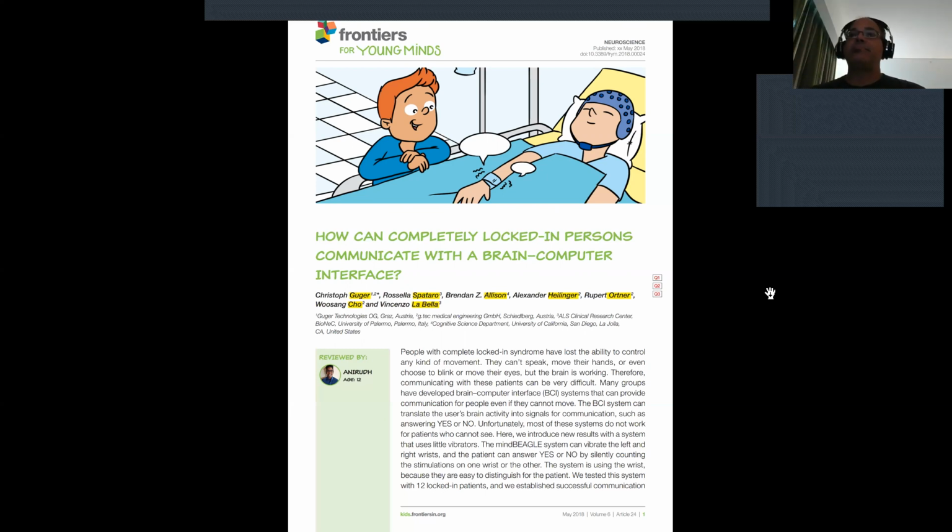And this bracelet or wrist strap or whatever you might want to call it vibrates periodically. And we put one on the left wrist and one on the right wrist. And this is our way of conveying information to the user, the patient, and getting brain activity without vision.